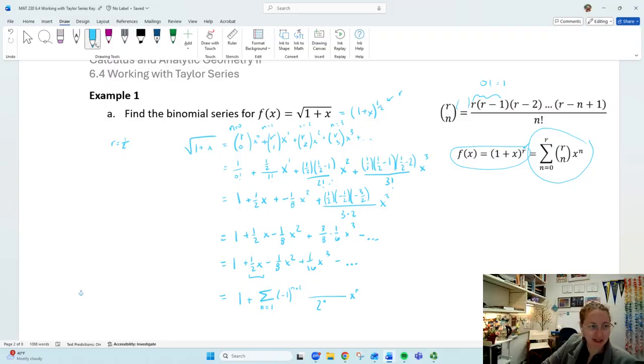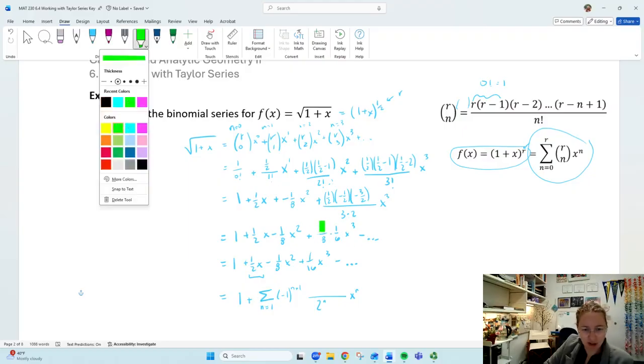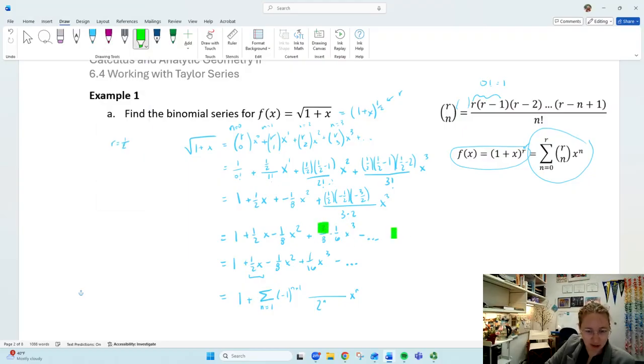If I pay attention to these values right here, in this case it was a 3, in my next one it would be a 5, and so on. It's going to be a 1 times a 3 times a 5 times whatever our 2n minus 3 term is. It's kind of a funky one.